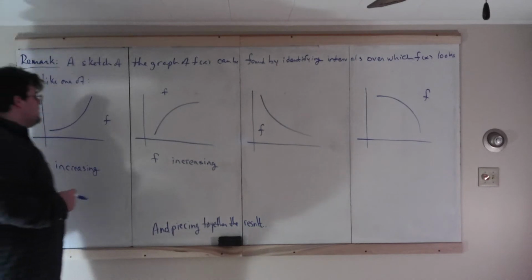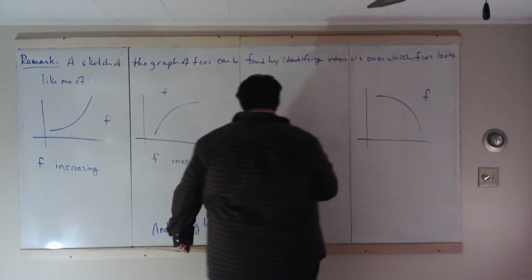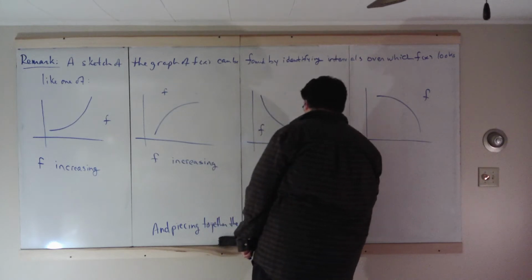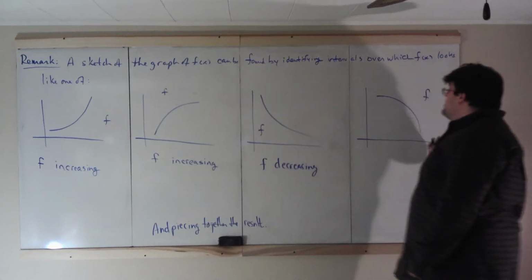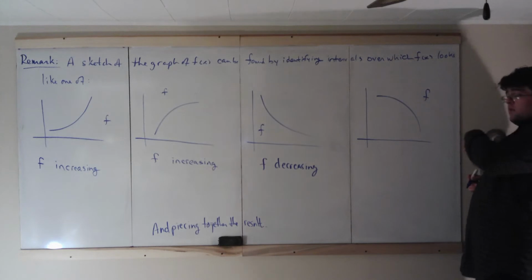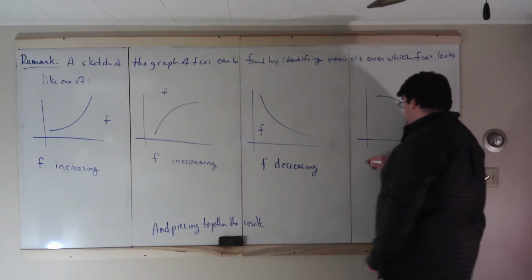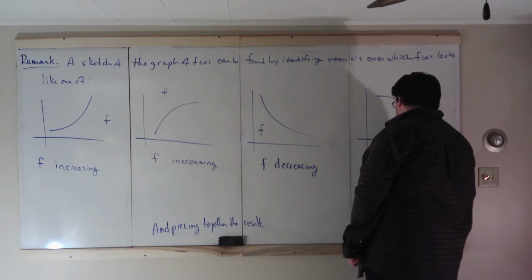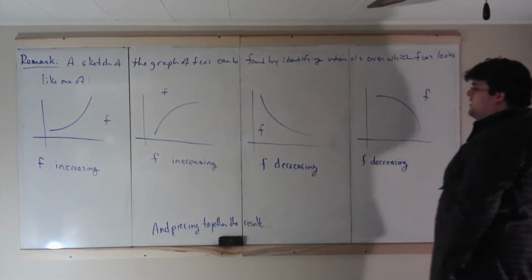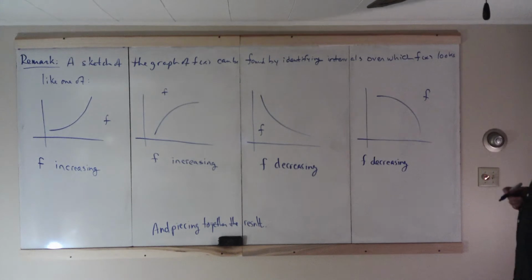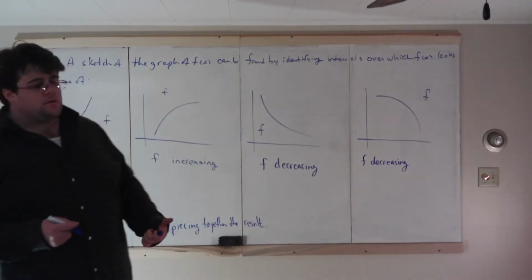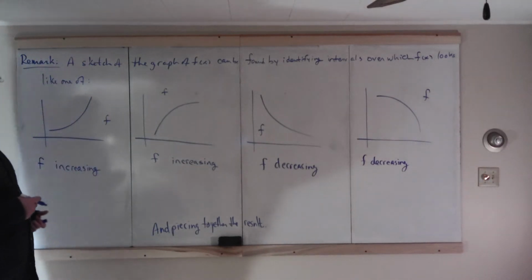What about the third one? Well, this one's going down, so here f is decreasing. And here, this one is also going down much faster. What does that mean? And this function is decreasing, this last one. Now, we can tell more about this by looking at the concavity.